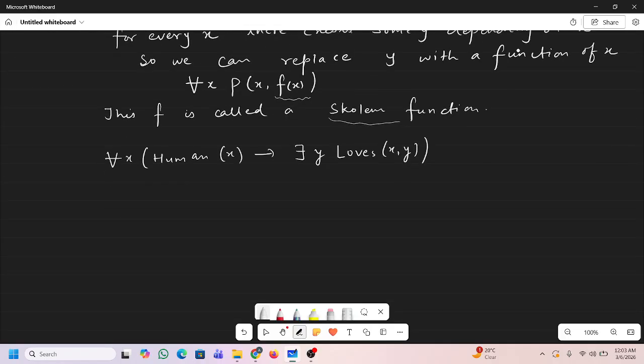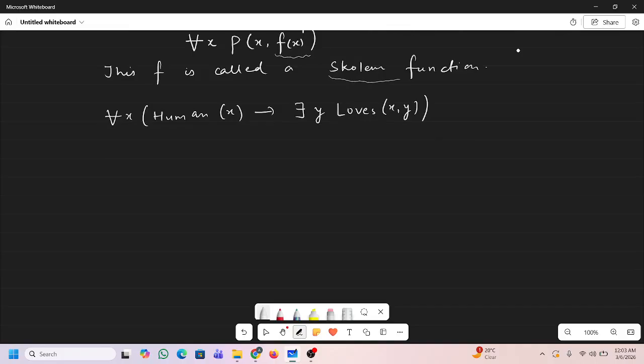Now we have an example: for all x human, if x is a human, then it implies that x loves y, that means human loves y. So the first thing is to remove implication, and you all know how we remove implications.